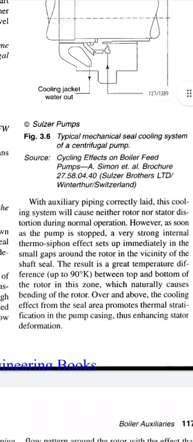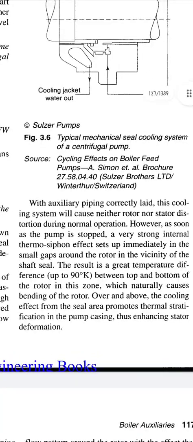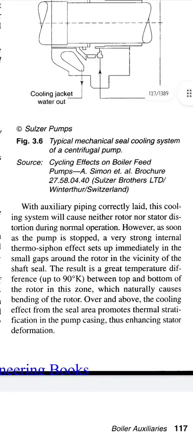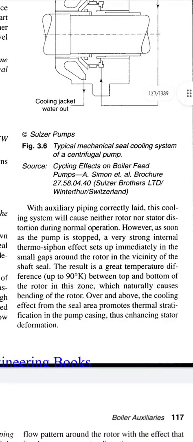With auxiliary piping correctly laid, this cooling system will cause neither rotor nor stator distortion during normal operation. However, as soon as the pump is stopped, a very strong internal thermosiphon effect sets up immediately in the small gaps around the rotor in the vicinity of the shaft seal.